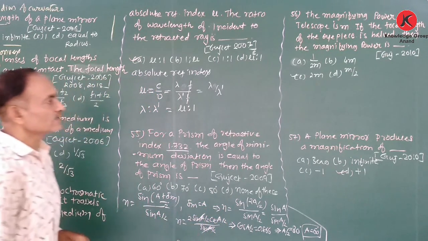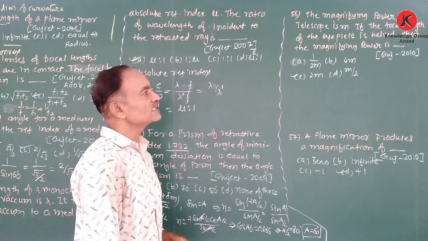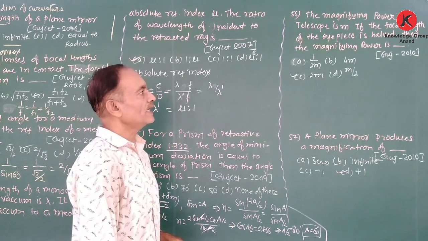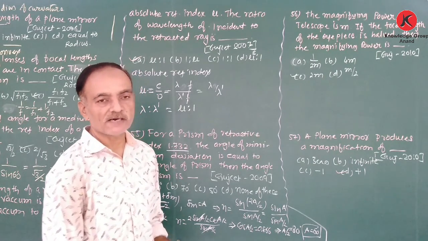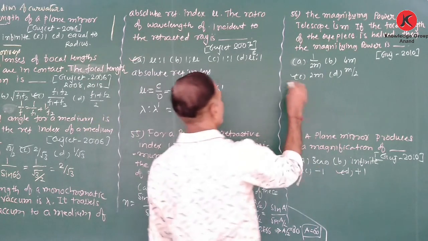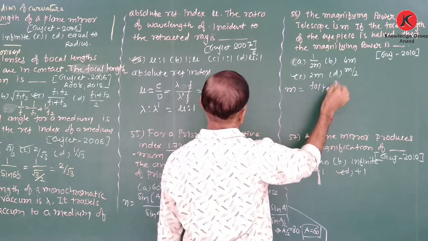Now 2010: the magnifying power of a telescope is m. If the focal length of the eyepiece is halved, what is the new magnifying power? The magnification of a telescope m is equal to f o upon f e.